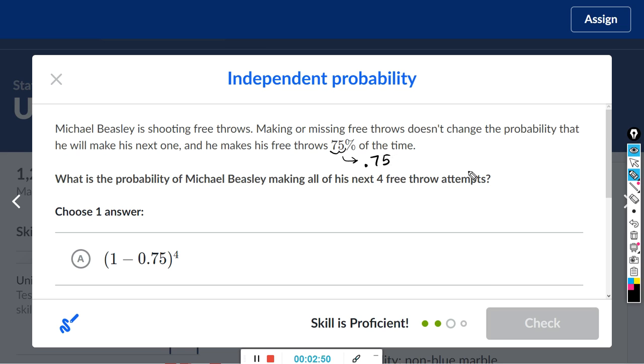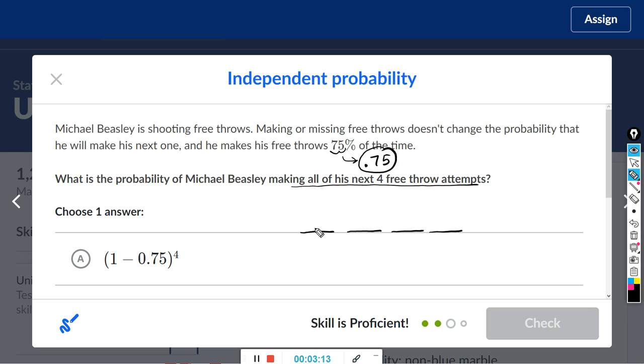Okay? So these 4 free throws, they're all independent events. So I'm going to leave 4 spaces here. And he wants to make all of his next 4 free throw attempts. So each one, the probability is 0.75.